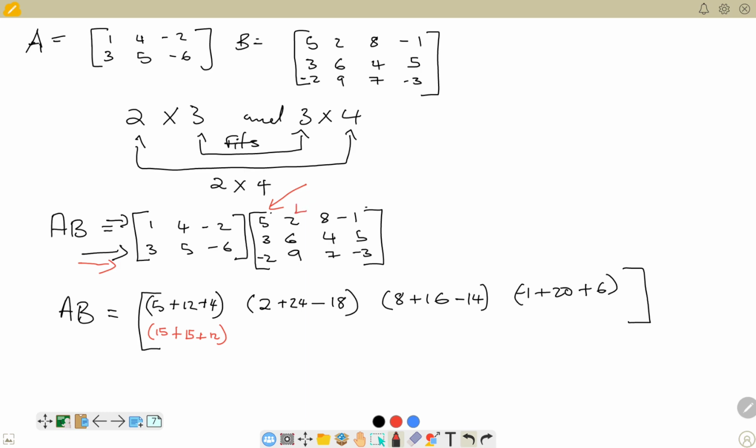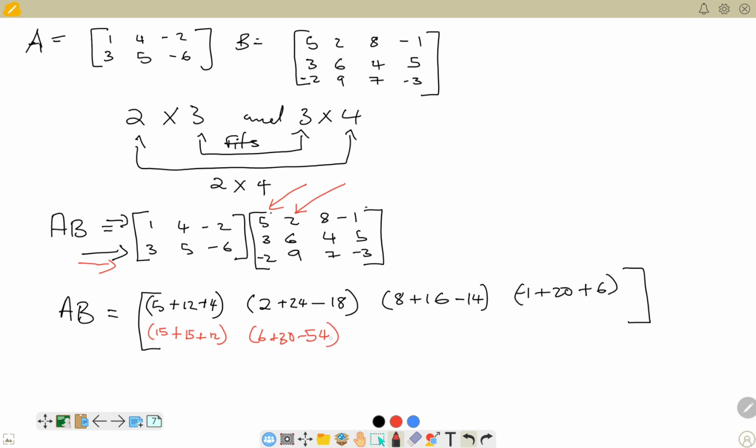Then we are done. We go to the second column. We repeat the same. 3 times 2 is 6. 5 times 6 is plus 30. Negative 6 times 9 is minus 54.